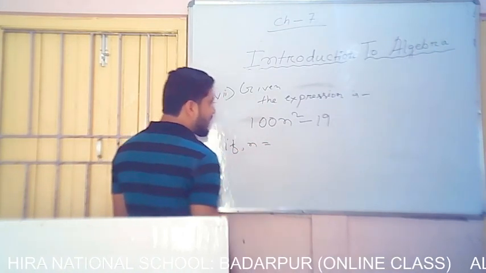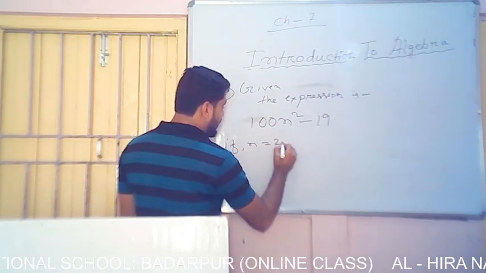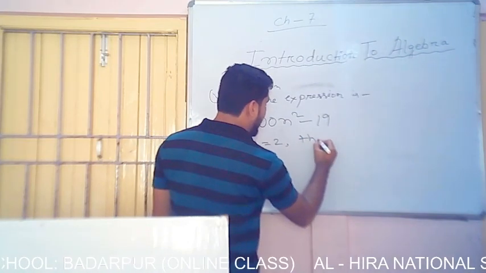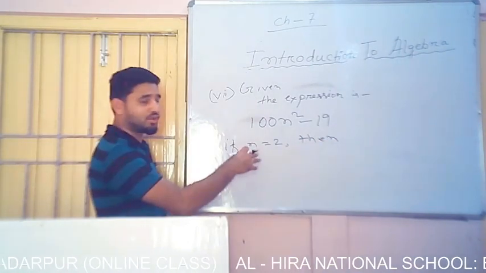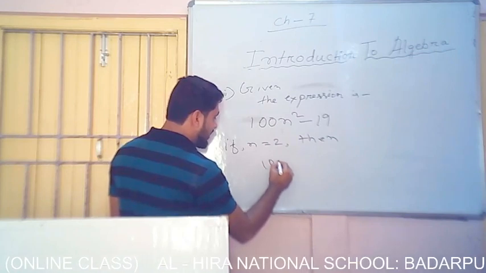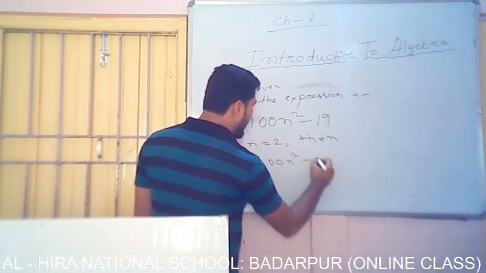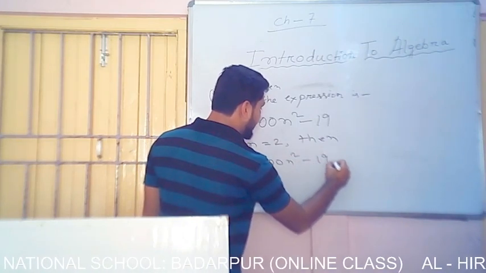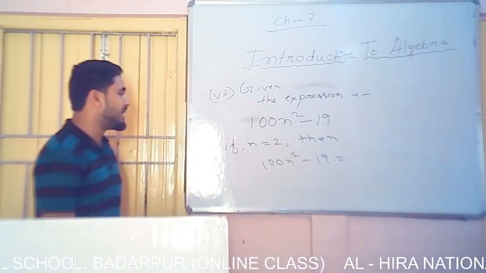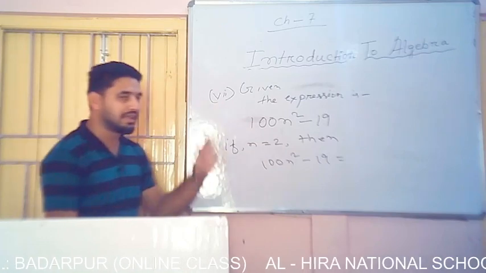So if n equals 2, then we should find the value for 100 n square minus 19. Then you can put the value of n in place of n square.